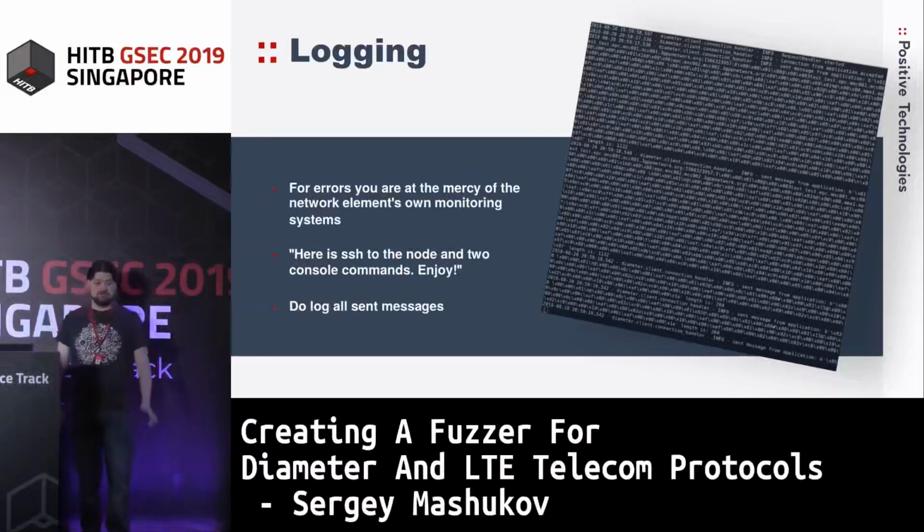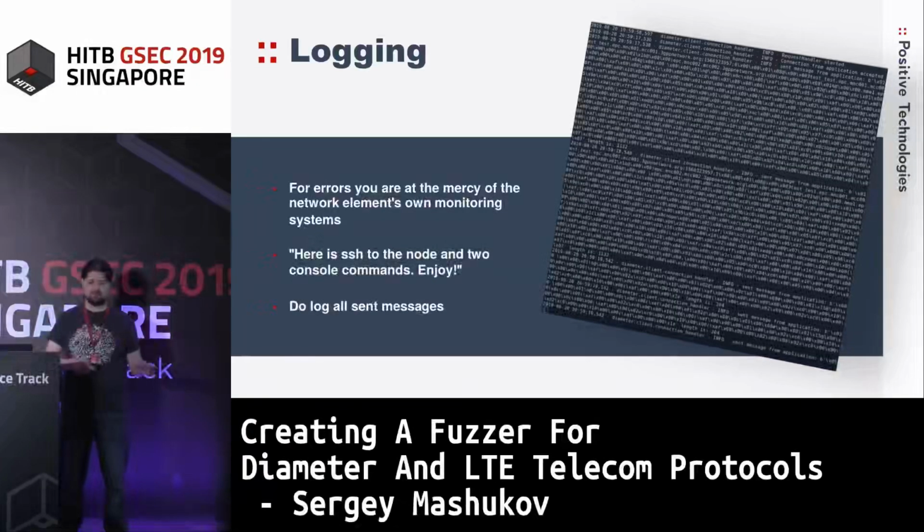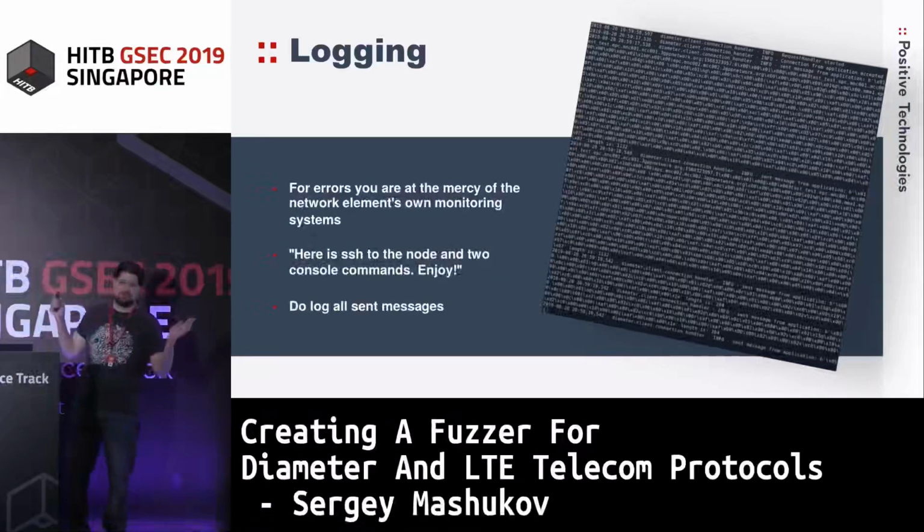So you are at the mercy of network elements and monitoring systems. Usually it goes like this. MNO guys say, okay, please use this IP. Here's a system you are seeing for the first time. But sometimes it goes even funnier than that. In one case, they just said, here's SSH to the node with binaries of a vendor.